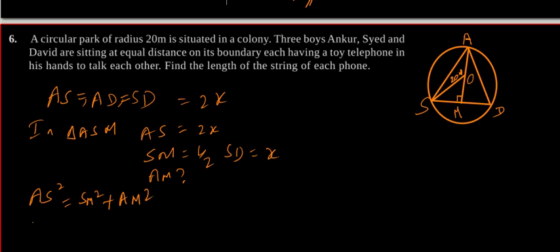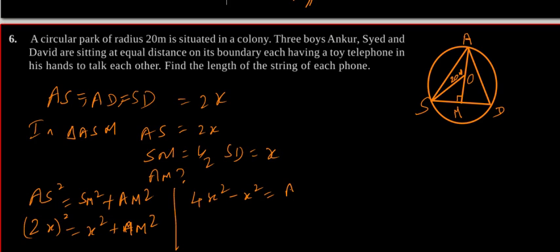So (2x) square equal to x square plus AM square. That is 4x square. Bringing x square to the left side, we get 3x square equal to AM square.